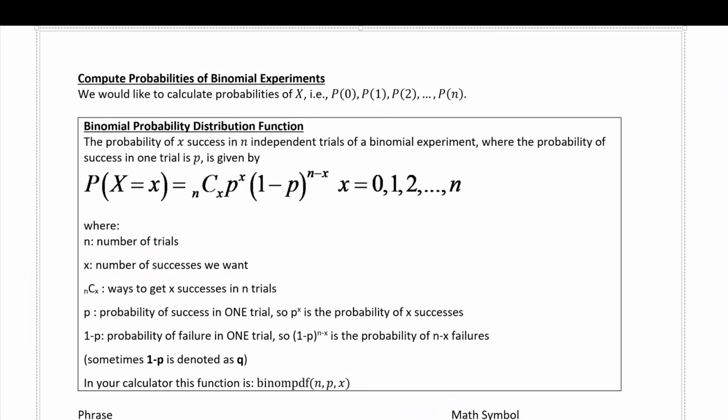Okay, once you identify a probability experiment to be a binomial probability experiment, you can actually calculate the probability of any event very easily with a formula. And here is the formula. Now, this looks kind of complicated. We have a combinations factor in front. We have P, the probability of success, right?